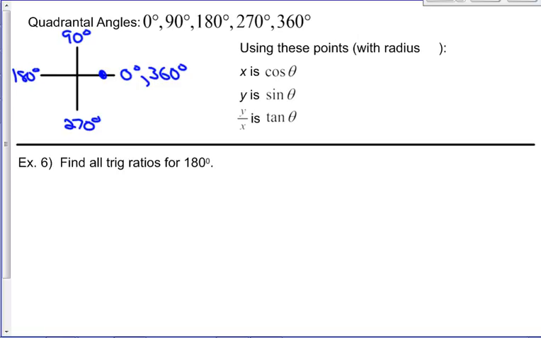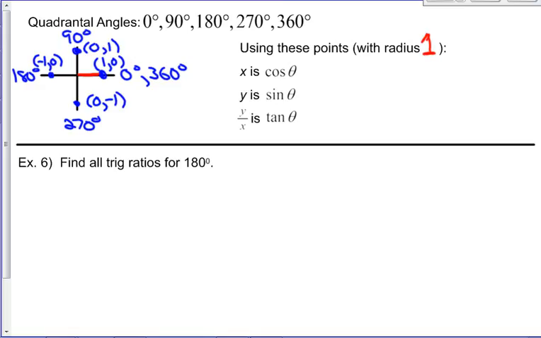And we might as well make the easiest point possible. Let's call this 1, 0. At 90 degrees, we could have 0, 1. At 180, we could have negative 1, 0. And here we could have 0, negative 1. Whenever we do that, we're talking about a radius of 1. This is just a length of 1.